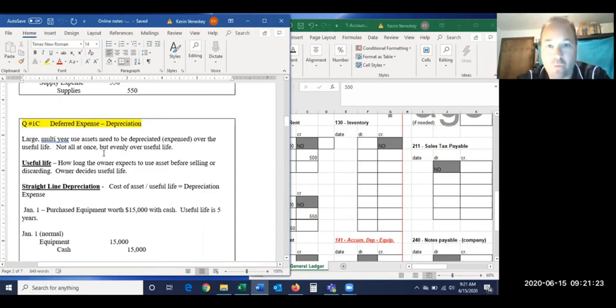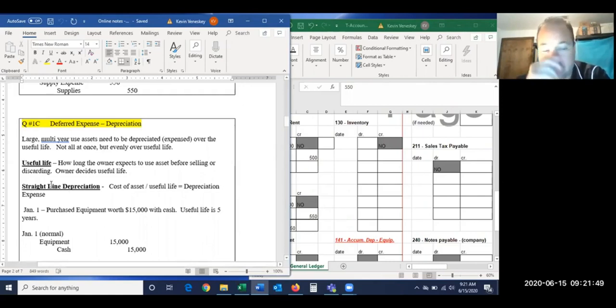And the most common way to expense an asset is what's called the straight line method, where we do it the same every year, the same amount. And that is the easiest, and it's probably one of the most accurate, because when you do buy an item, you probably do use it very similar amounts every year. And so you should expense it the same every year.